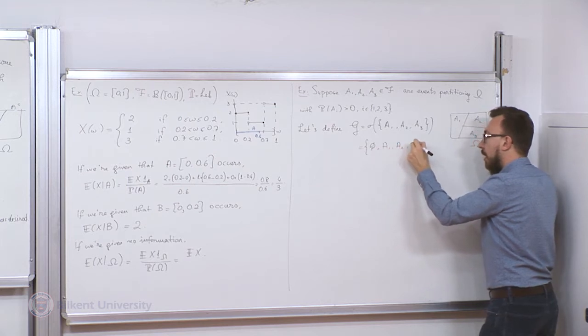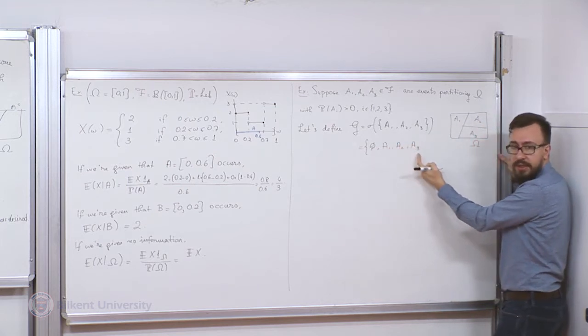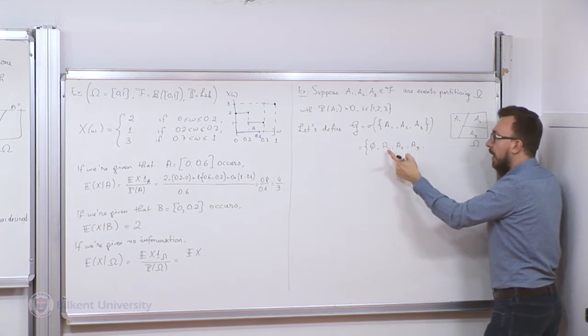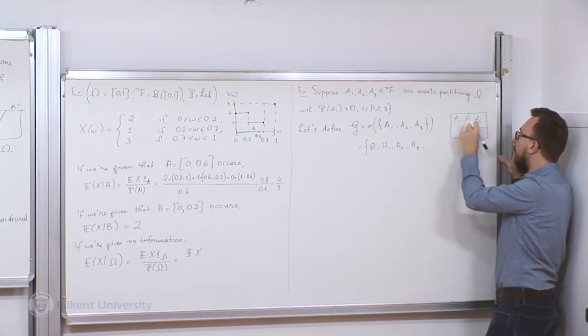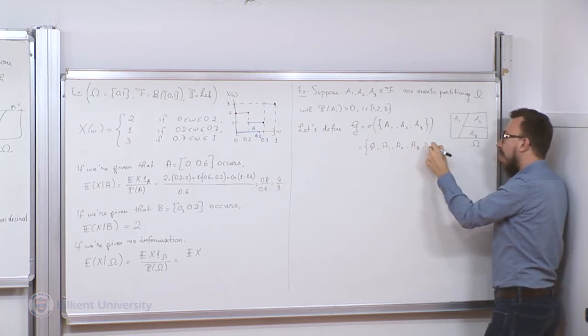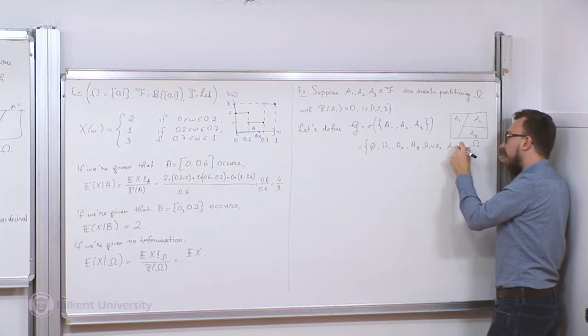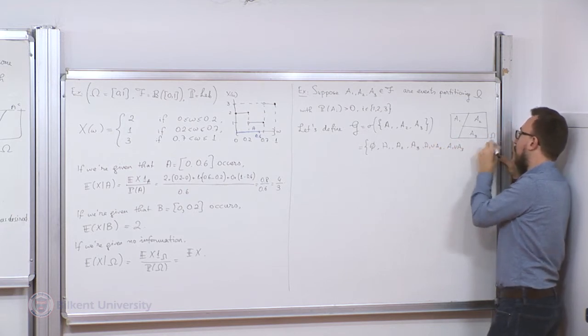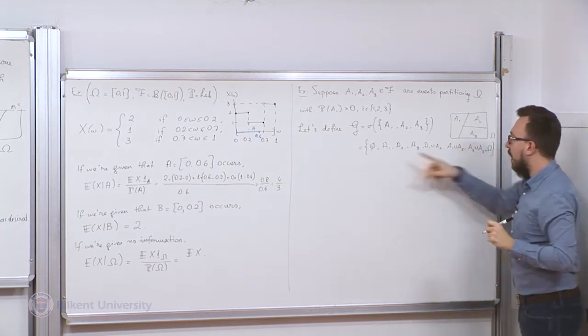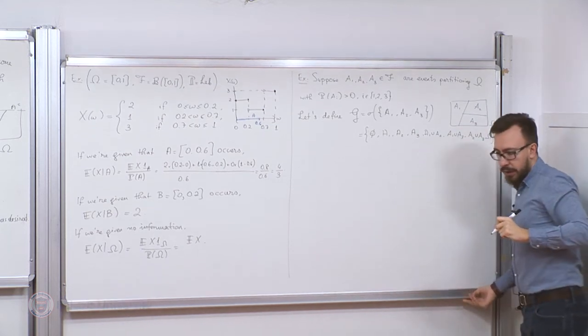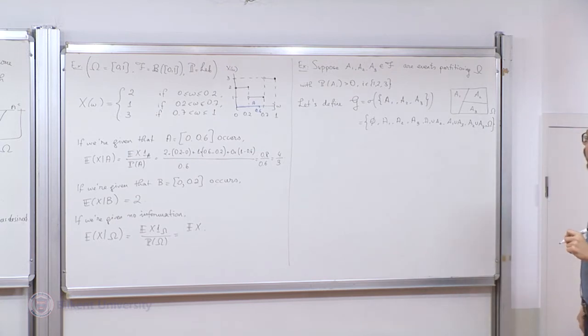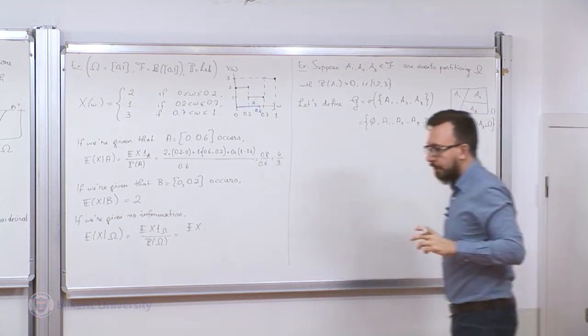Then we can take A1 union A2, which is the complement of A3, right? So we have these sets. We can look at them separately, or we can combine them, A1 union A2, A1 union A3, A2 union A3, and omega. So we have 1, 2, 3, 4, 5, 6, 7, 8 sets. Right? This is our earlier knowledge on sigma algebras. Very good.